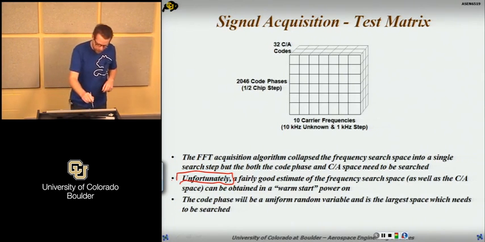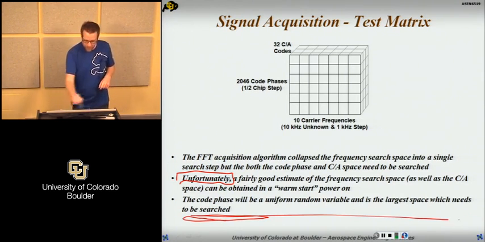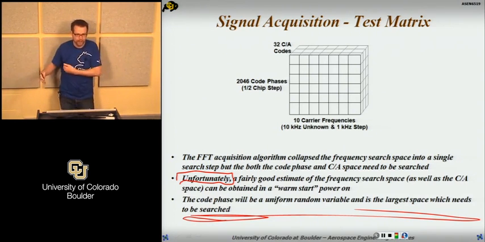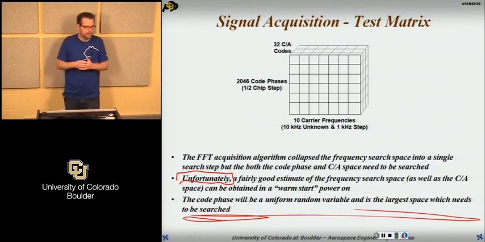The problem is the code phase, the uniform random variable, the larger space. If we only take 1 millisecond and we want half a code phase resolution, then we have 2046 tests that we need to do. In frequency, it's much smaller, like 10. The code phase is the biggest one.